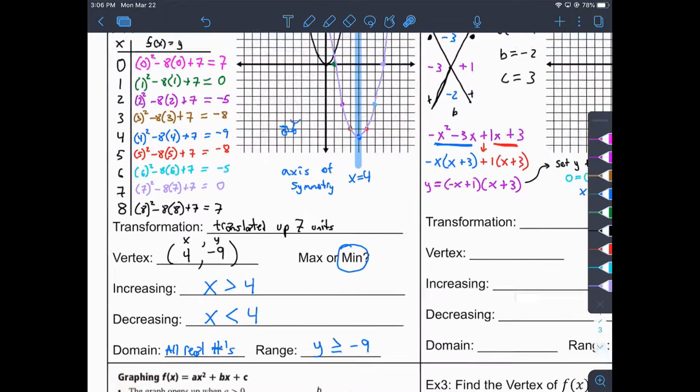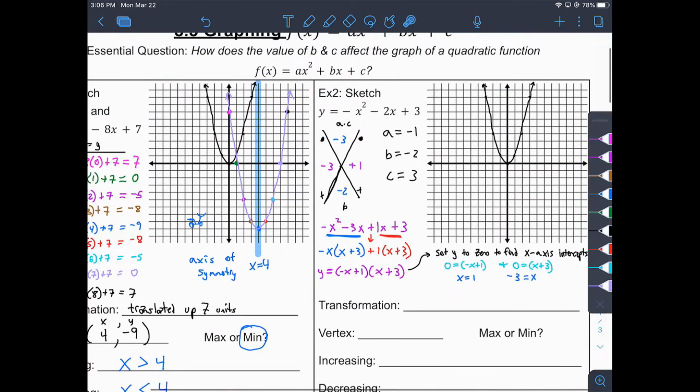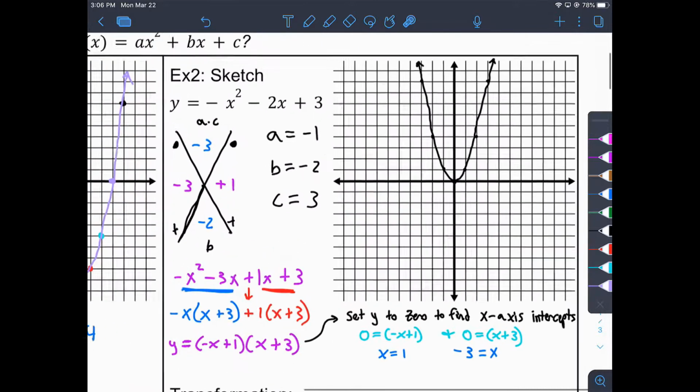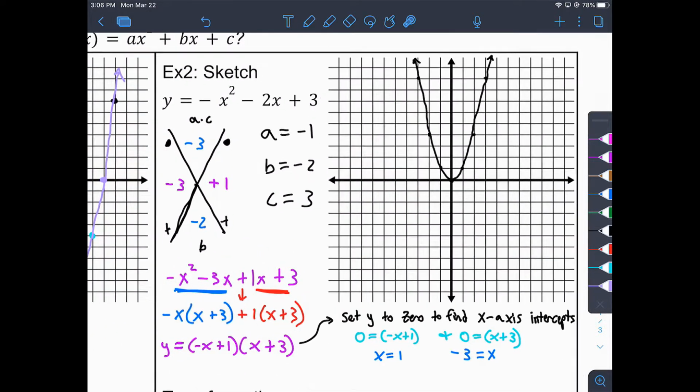All right, let's go to this idea again about finding the vertex. This time I didn't do the entire problem, I just did a fair amount of it. Notice that I went about finding the vertex a different way.